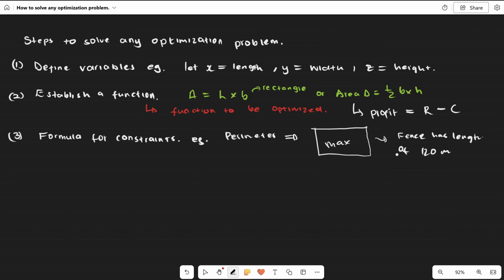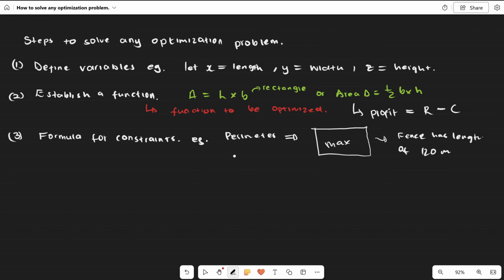This is your constraint. That's something that you are restricted by, or you have limited resources of, in order to maximize your area.